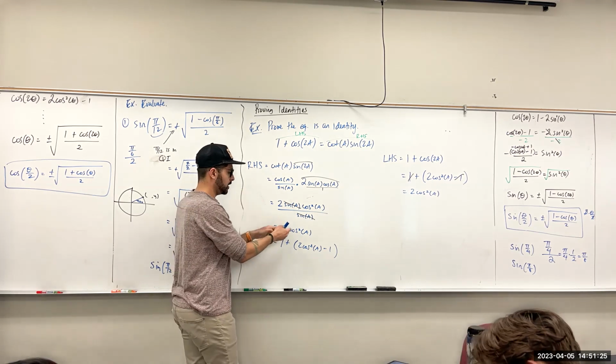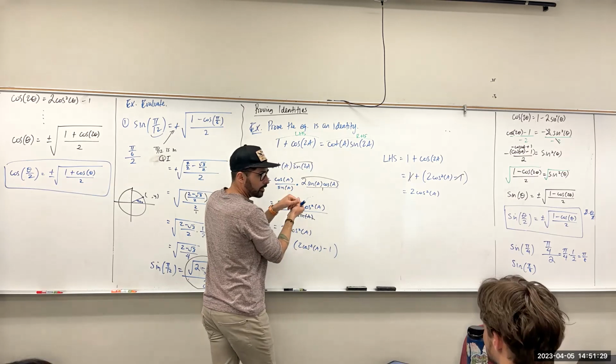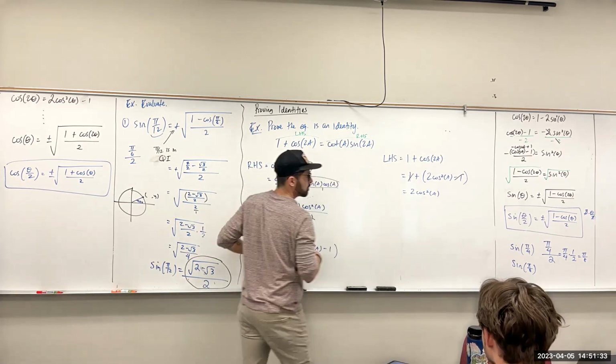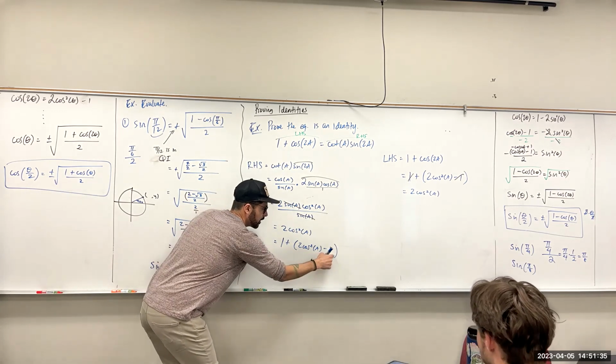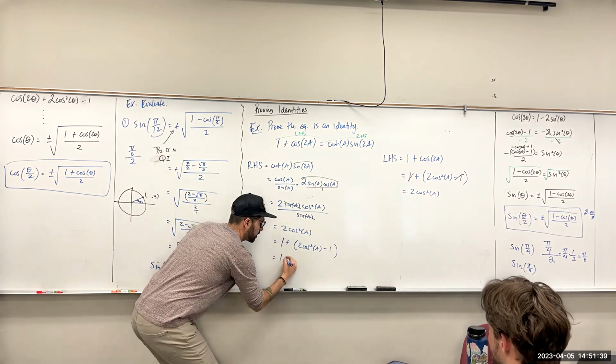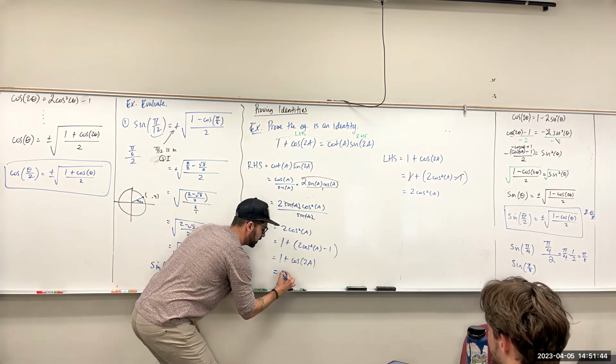And there is, because this led to that. So now to connect it, I just literally copy the work backwards. And so then this right here is the double angle identity, cosine 2a. And there, I'm done. This is the left-hand side.